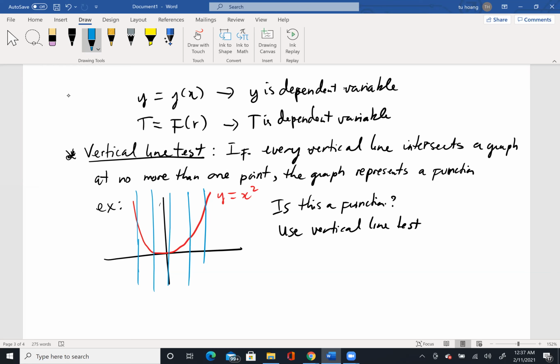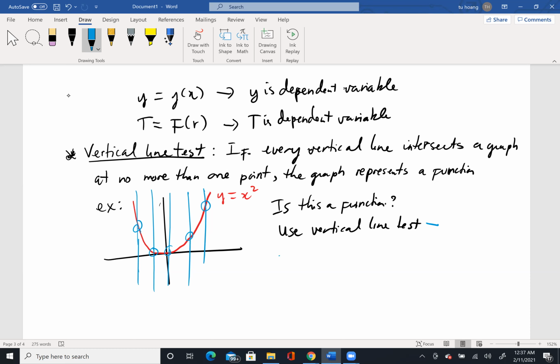I see that wherever I draw a vertical line, I see only one intersection point with the graph.